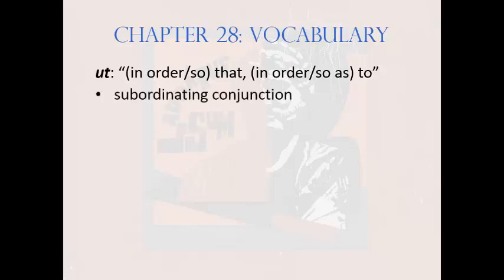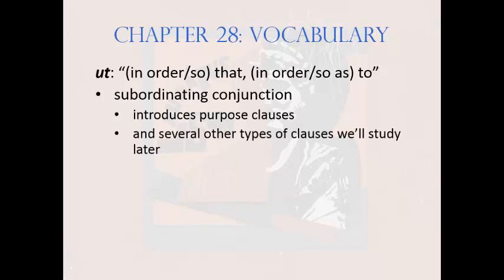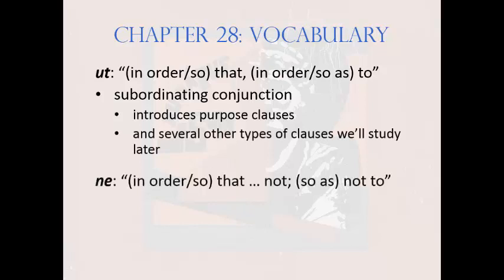It's a subordinating conjunction used widely in Latin to introduce all sorts of clauses, like purpose, and quite a few others we'll study later on. The next word, ne, is ut's negative, meaning that not, as in so that not, in order that not, or not to, as in order not to, so as not to.